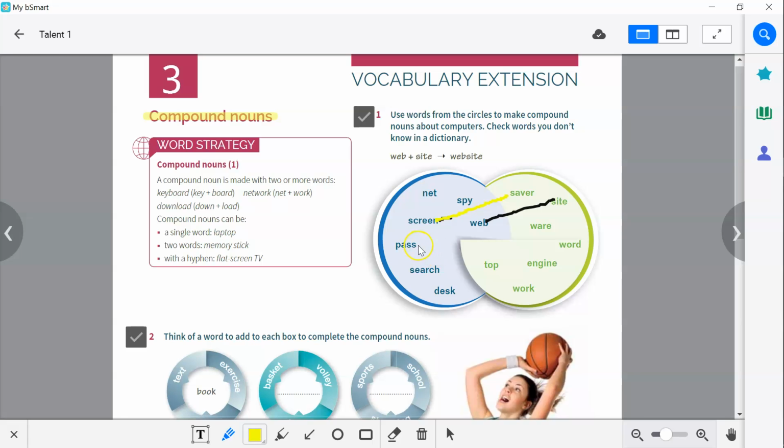Then we have password, la parola segreta. Search engine, motore di ricerca. Desktop, il desktop, per esempio, del computer, lo schermo. Then we have network, la rete. And spyware, i programmi diciamo di spia.